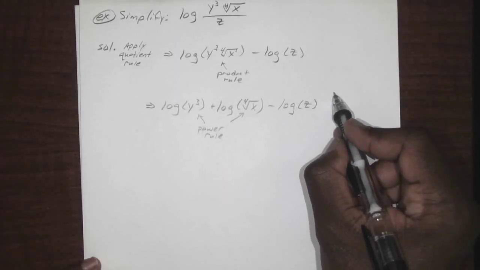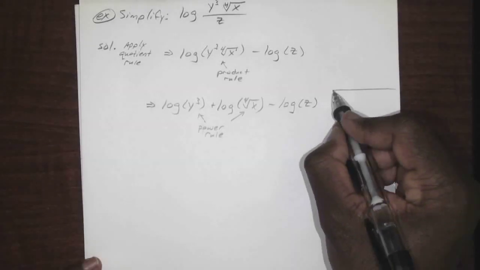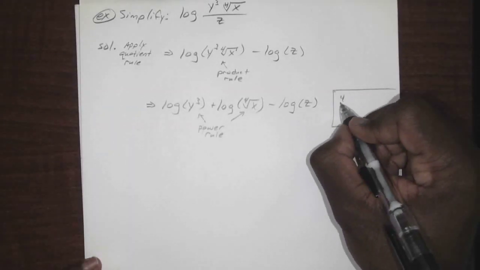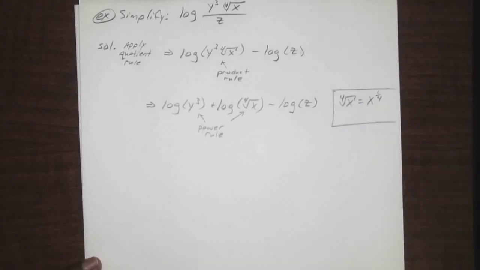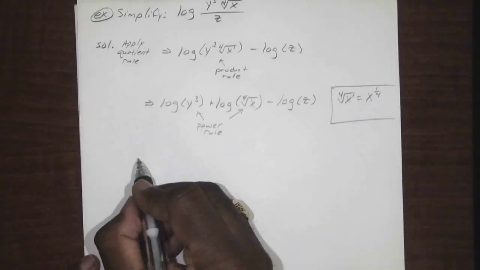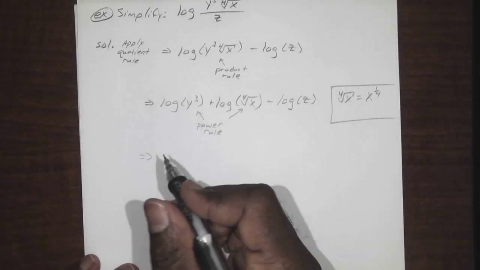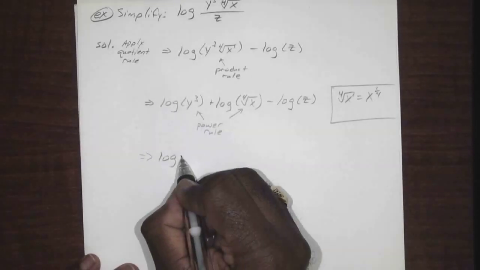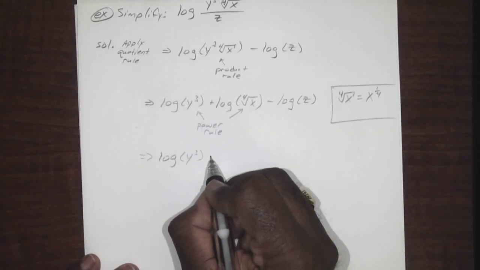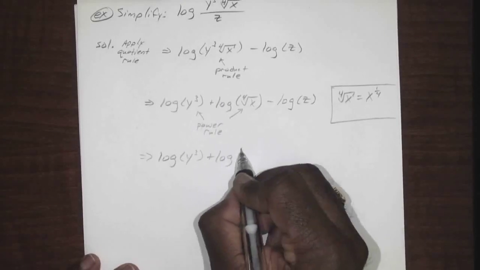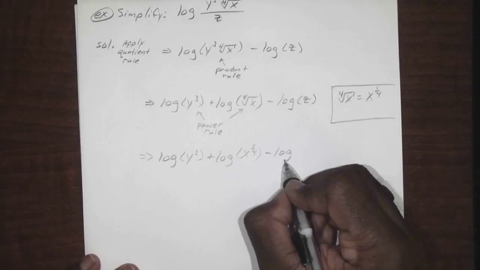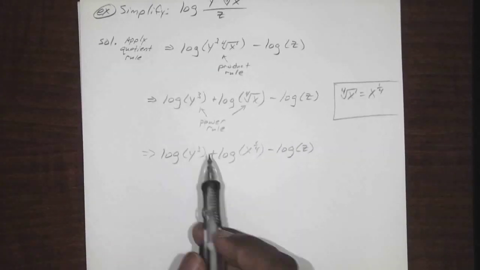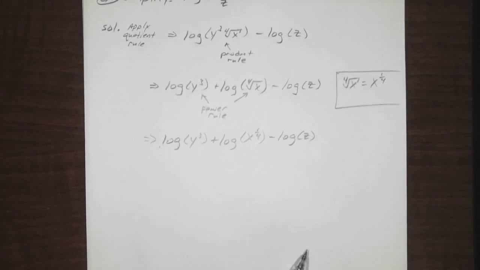Okay, you just have to remember that the fourth root of x is equal to x to the 1/4 power. Okay, so that gives us log of y to the third plus log of x to the 1/4 power minus log of z. And we just bring down our exponents.